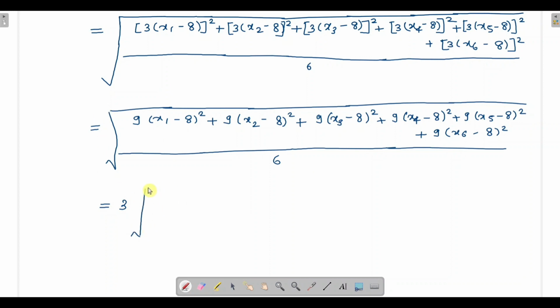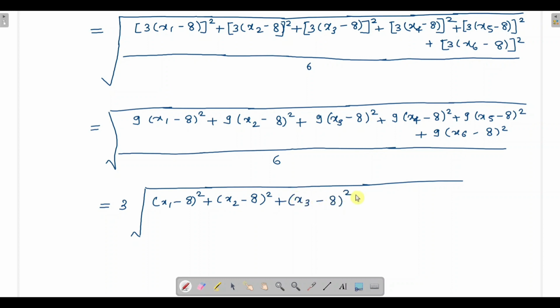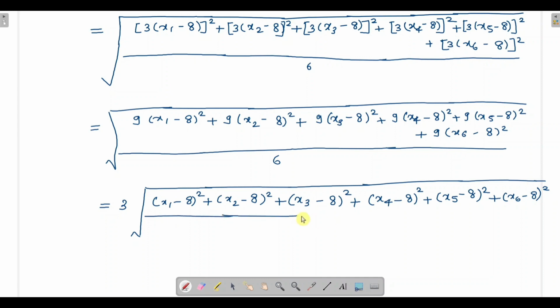So we then get 3 times the root of (x1 minus 8) the whole square plus (x2 minus 8) the whole square plus (x3 minus 8) the whole square plus (x4 minus 8) the whole square plus (x5 minus 8) the whole square plus (x6 minus 8) the whole square, and then this is divided by 6, right.